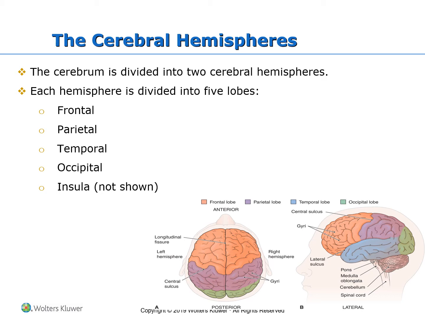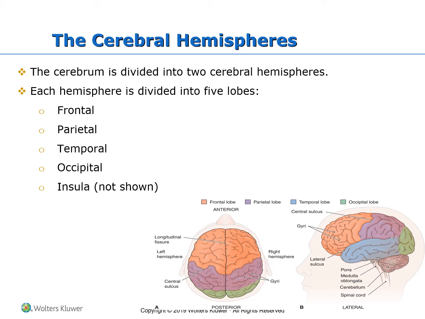We'll look in a little bit more detail at each of the structures I mentioned before, and we'll start obviously with the cerebrum. If you remember, the cerebrum is the largest part of our brain, and it's divided into left and right hemispheres.